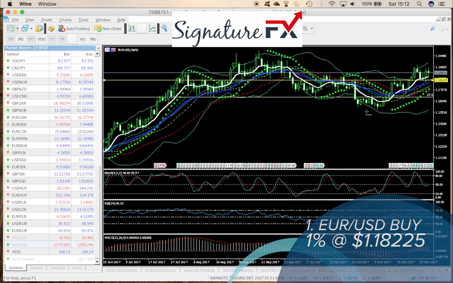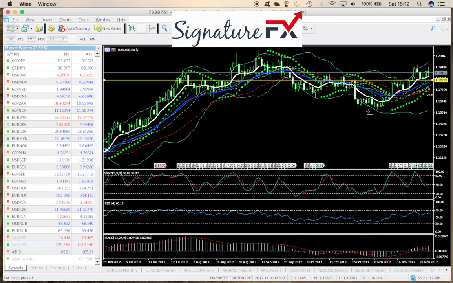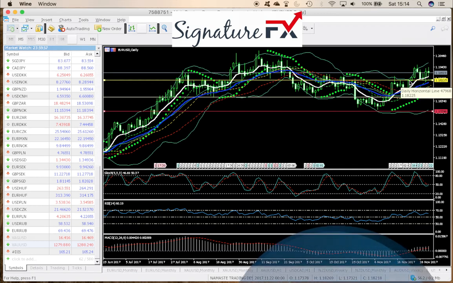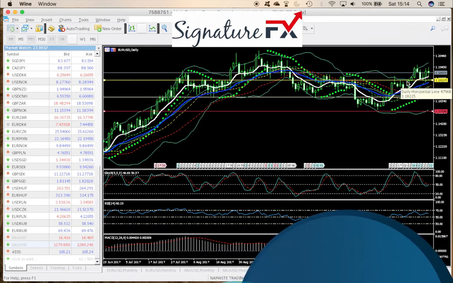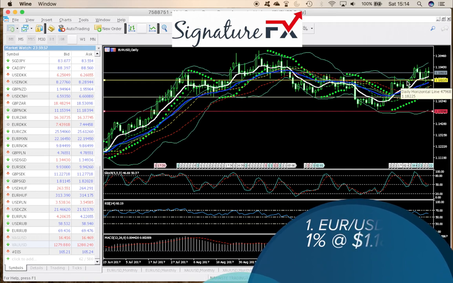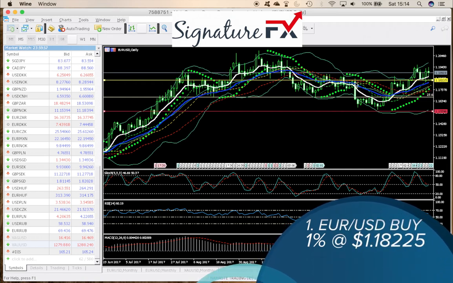And we're going to put our stop loss underneath this action here. So it's going to be underneath this 23.6 comfortably. And it's also going to be underneath this price action here. All right. So just to summarize, the market closed on Friday at 1.1891. After our analysis, we found that this yellow horizontal line at 1.1822 is a good support level.